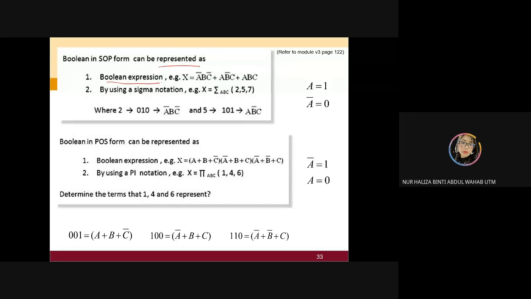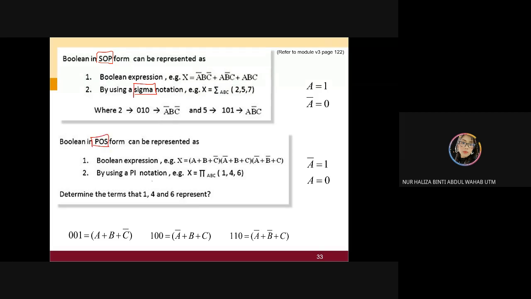Instead of a long Boolean expression, we want to use sigma notation. By using sigma notation, you have seen this example. What does this mean? Example number 1 is for your SOP. SOP is going to use sigma.